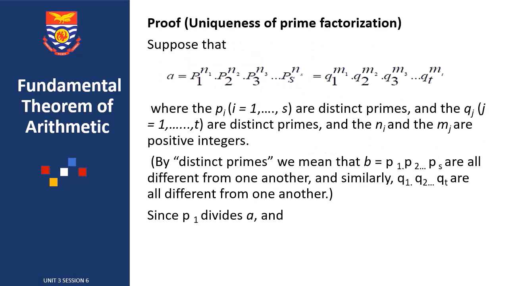So we prove the uniqueness of prime factorization. The same thing, you go through your course material and read through. Suppose that A is equal to, as we've already mentioned, this, which is the same as Q1^M1, Q2^M2, and so on, where Pi for i from 1 to s are distinct primes, Qj are distinct primes, and Ni and Mj are all positive integers.